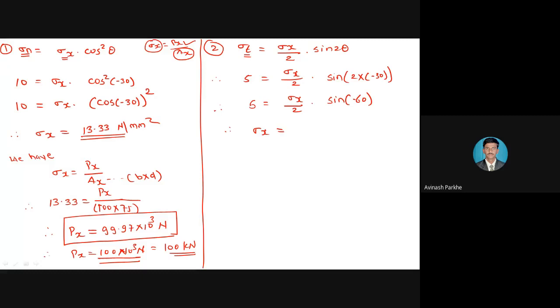So sigma x is equal to 5 into 2 divided by sine minus 60. Tell me the value of sigma x by using the tangential stress formula or the shear stress formula.